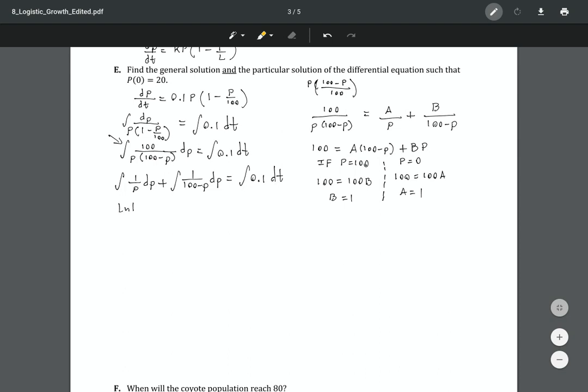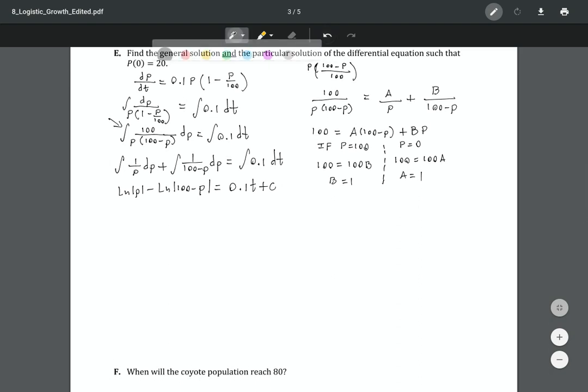All right, so this is going to be the natural log of the absolute value of p, minus the natural log of 100 minus p. That's equal to 0.1t plus c.